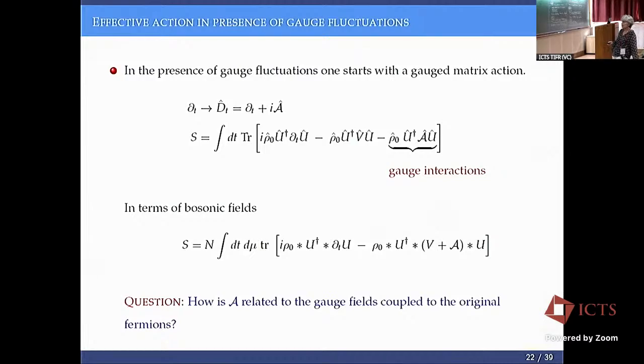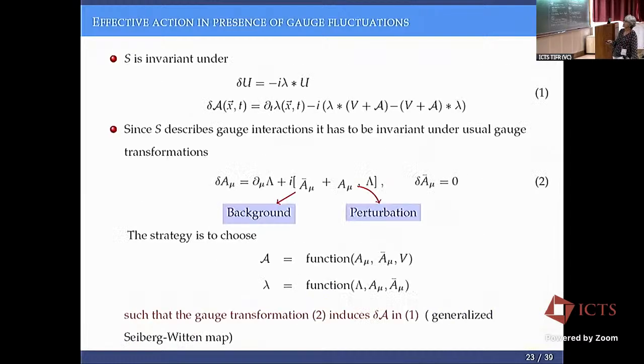But the question is, how is this script A related to the gauge fields which are coupled to the original fermions? If we look at this action here, this action has an invariance. This action is invariant under this transformation. However, this action has to describe the initial gauge interaction, so somewhere there should be the usual gauge transformation.